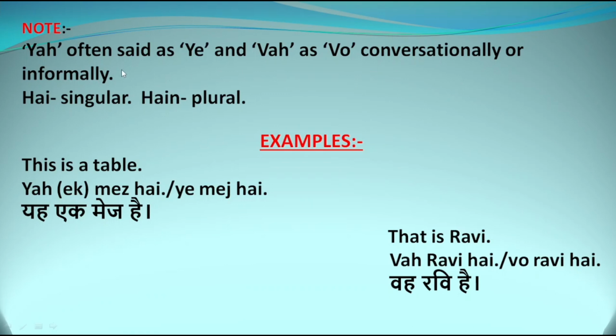Here in India, conversationally we often say ये for यह and वो for वह. So now you know what ये and वो are. These are what we use conversationally or informally for यह or वह.